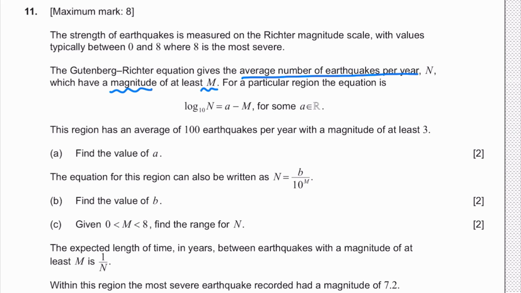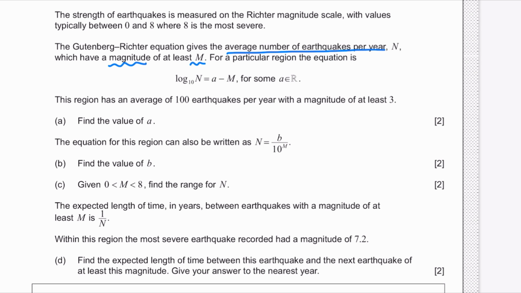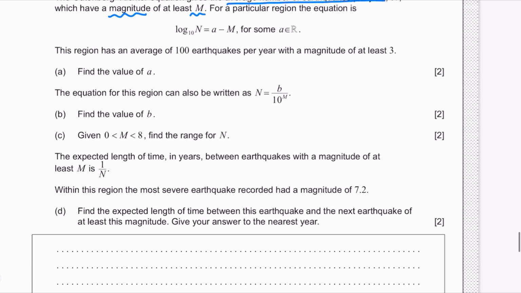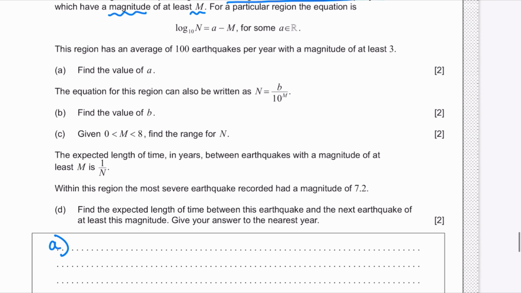For a particular region, the equation is log base 10 of N equals A minus M for some A in the real numbers. This region has an average of 100 earthquakes per year with a magnitude of at least 3. Find the value of A. Okay, so very easy right now for part A. I'm going to copy over the equation they give us, the log base 10 of N, where N is the average number of earthquakes per year.